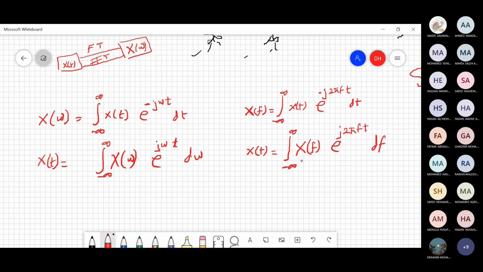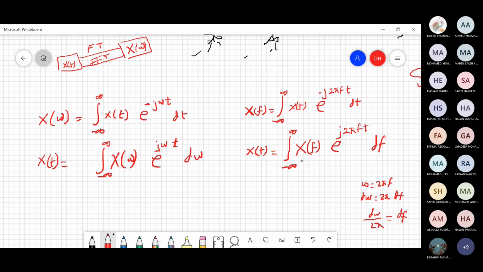We know that this is df, okay, and omega equal to 2 pi f. So then d omega equal to 2 pi df. So then changing df to d omega, d omega divided by 2 pi equal to df.